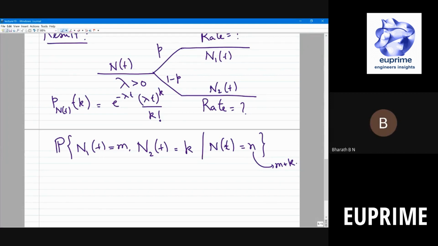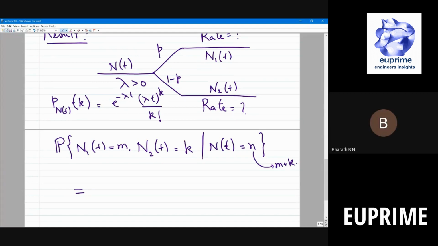Now let's see why this is true. How do I find this? What is the first step? What do you think is the first step? The conditional probability definition. Yes.